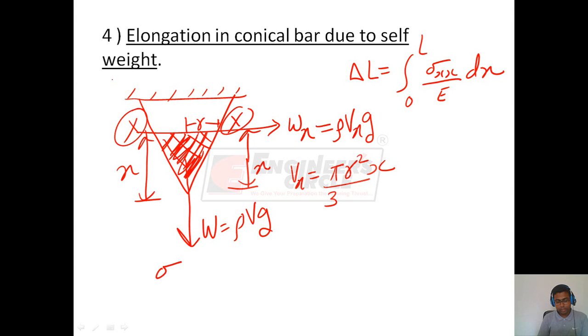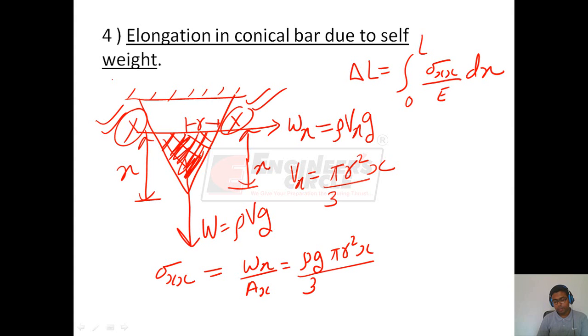Therefore, we get stress sigma xx on the cross section xx as Wx by the area of cross section xx. So we get rho g into Vx, which is pi r square x by 3, and the area will be pi r square. Pi r square cancels out, so we get rho g x by 3.